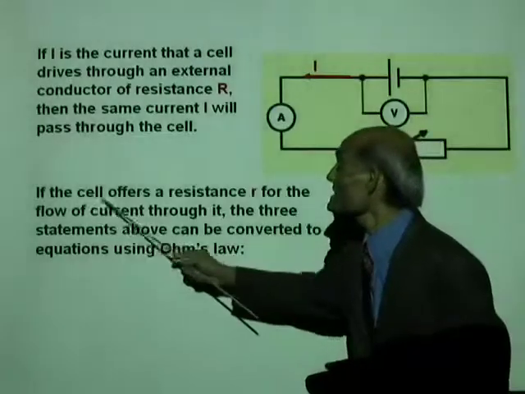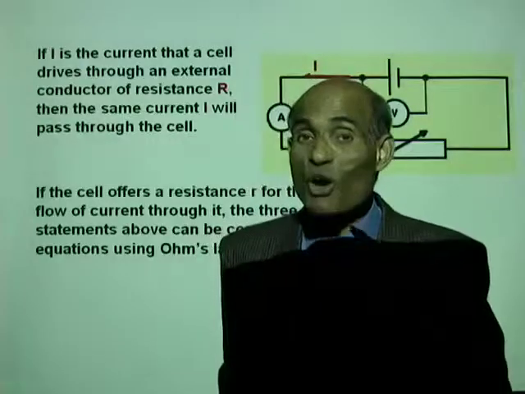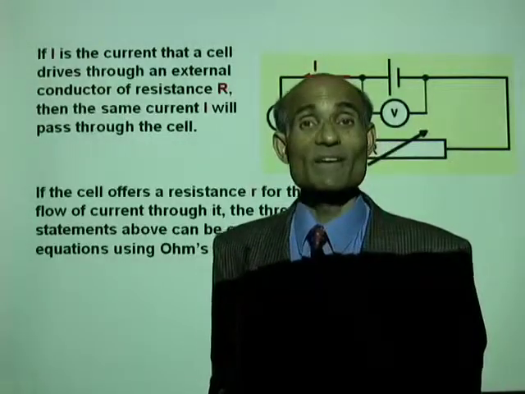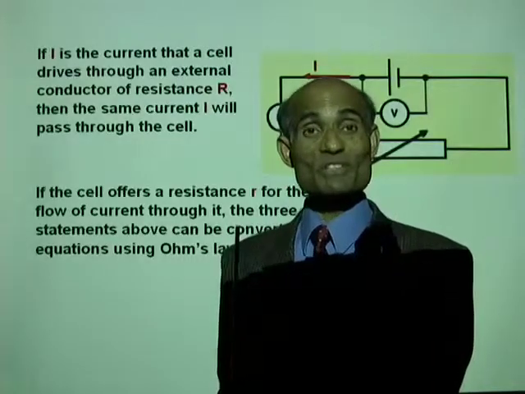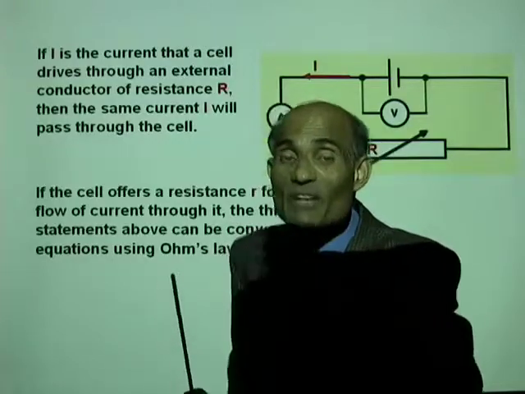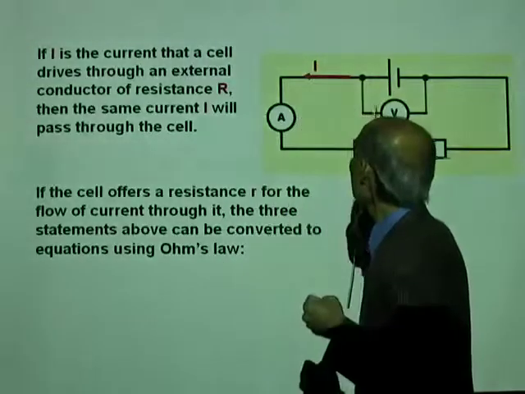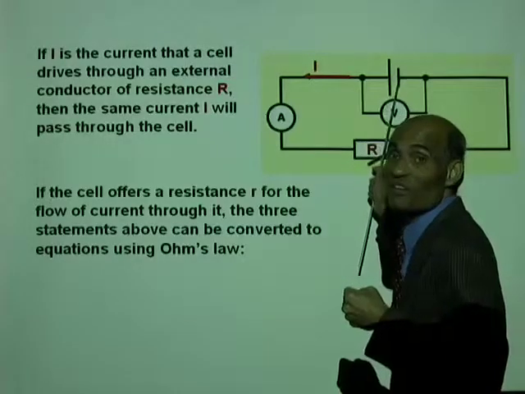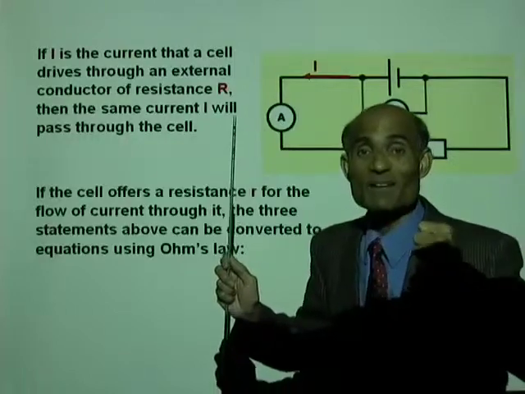Now, if the cell offers a resistance, well, does the cell offer a resistance? Yes. If the cell does not offer a resistance, then there is no need for spending energy to drive current through the cell. We said E minus V is the energy used for driving current internally through the cell.